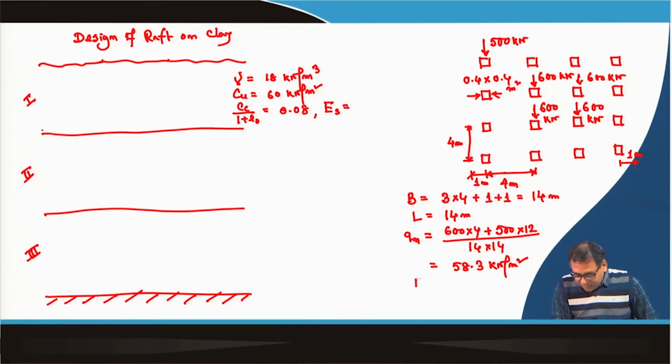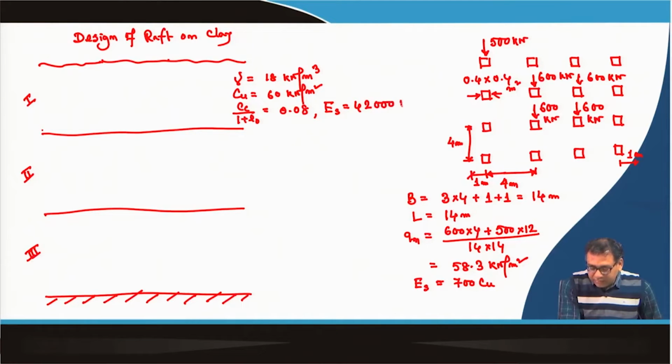So, the Es value, I have given the range, E value with the Cu undrained cohesion. So, from that given range, roughly we are taking 700 Cu as the Es or Eu. So, 700 Cu will be 42,000 kilonewton per meter square.